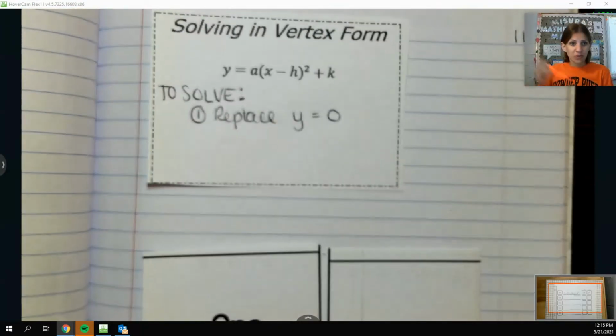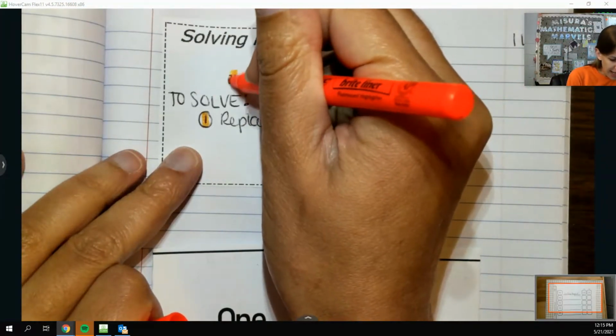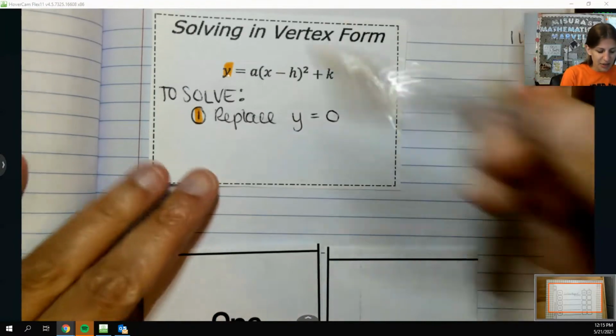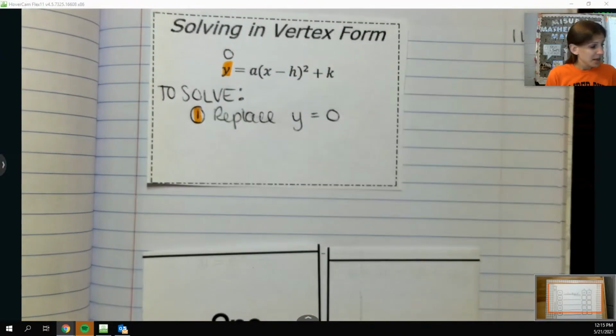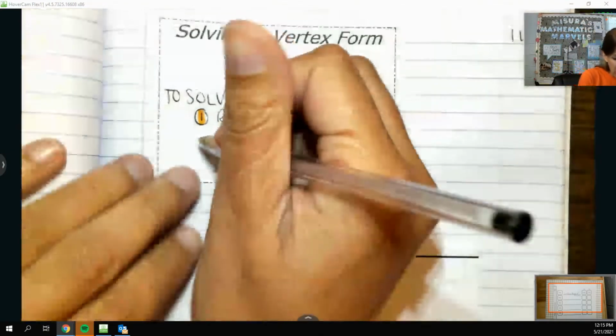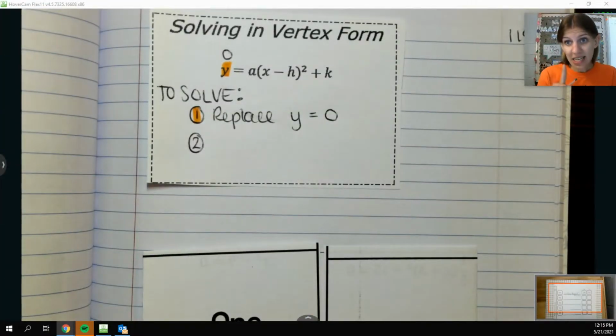Like this first step here, we want to take y and make it a 0. We need to always be equal to 0 first. And then after that, because there's only one x here, we really just need to work on getting it alone like we've solved so many times in the past.